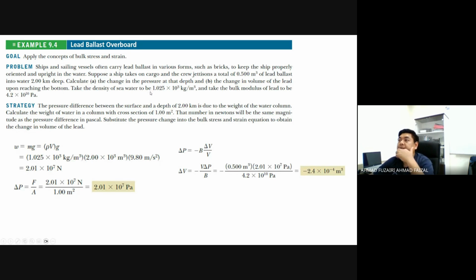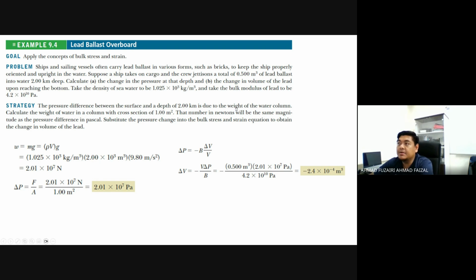So first of all, you want to use some equations using rho V g, where rho is the density given here, the density of the seawater, because the ship will take seawater, so the fluid is seawater.